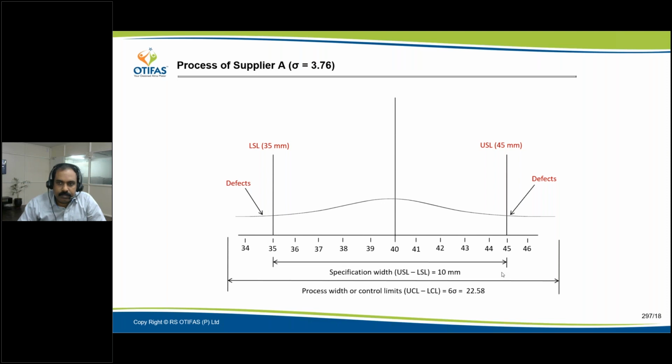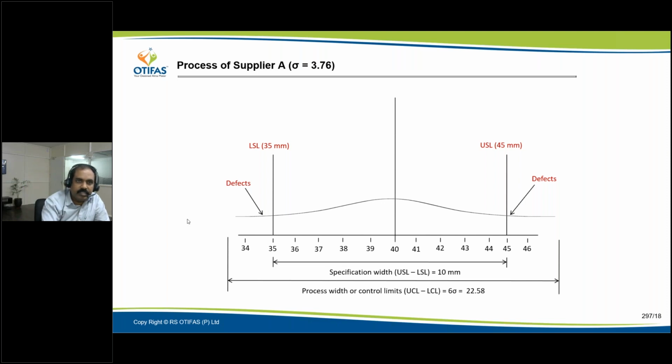That is Cp. Cp is nothing but process capability. Cp is specification width divided by control width. So anything with Cp less than 1 means your process is not capable.